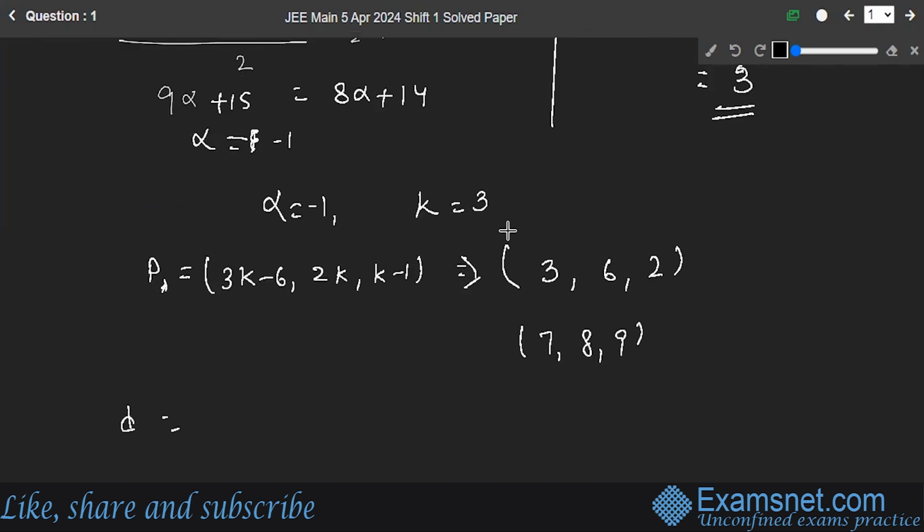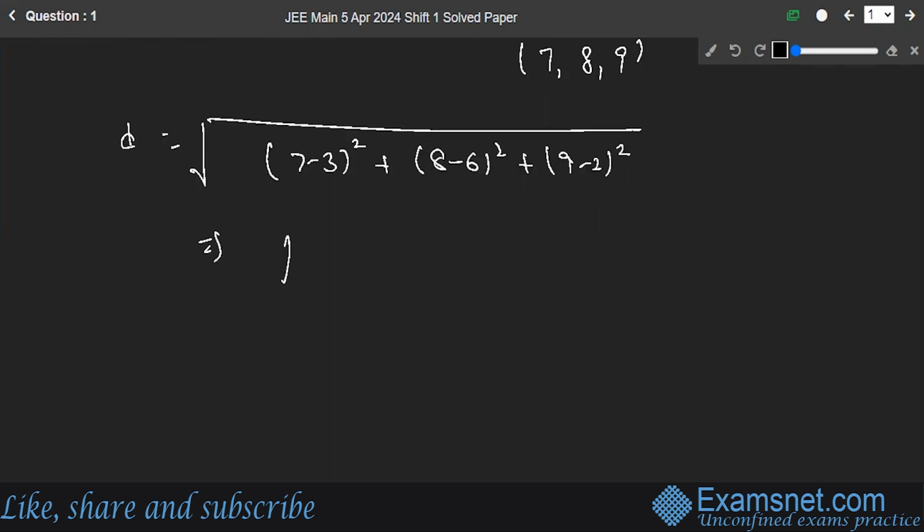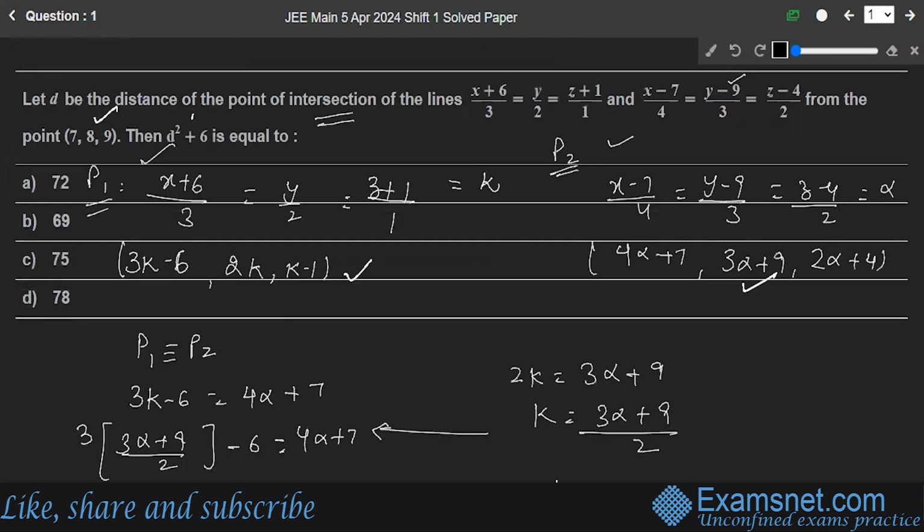This distance will be given by root of 7 minus 3 square, 8 minus 6 square, 9 minus 2 square, which is equal to 4 square, 16, and 4 and 49. So you have root of 69. This is D. I had to find out D square plus 6.